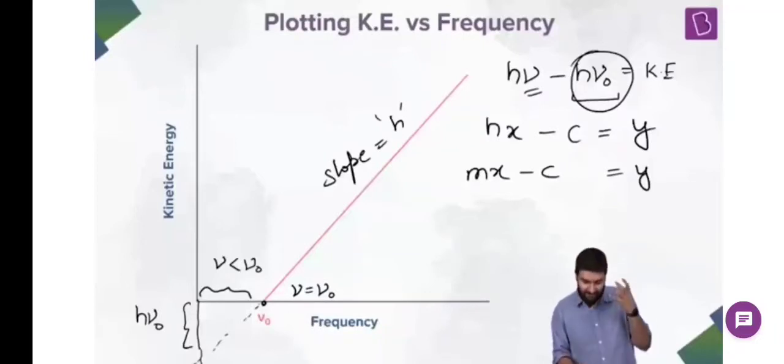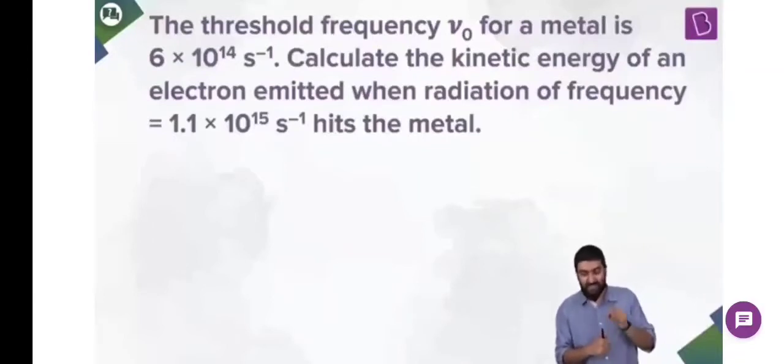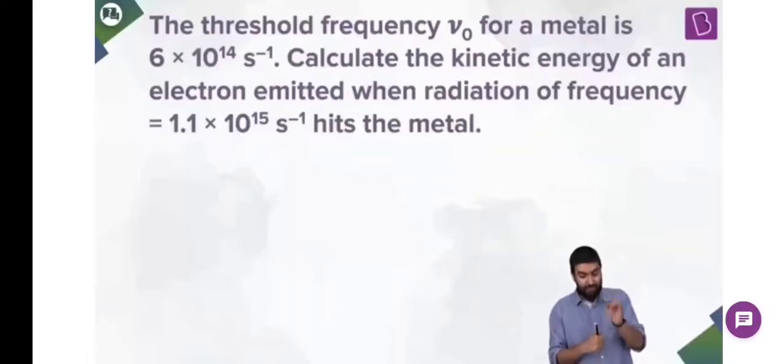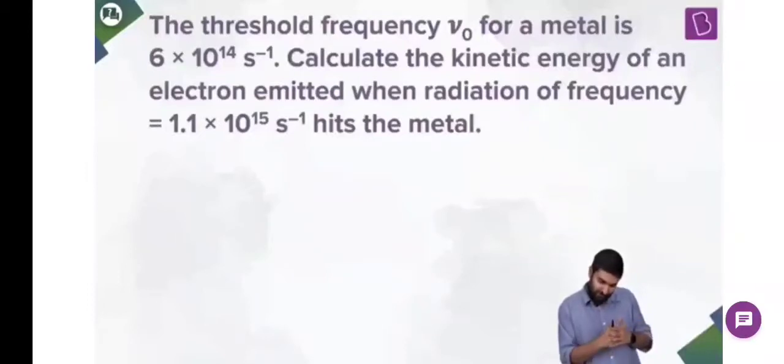Let's address a couple of questions. The threshold frequency nu naught for a metal is this much. Calculate the kinetic energy of an electron emitted when radiation of frequency this much hits it. So what do we have already? This is what we have.